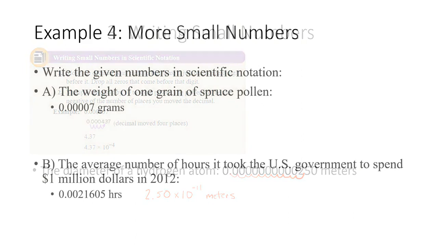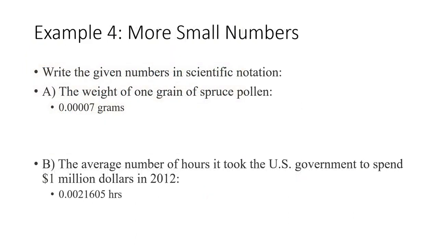If we want to write these numbers in scientific notation, the weight of 1 grain of spruce pollen, here's our decimal point. We're going to move it to the right, 1, 2, 3, 4, 5 places until it's behind the first non-zero digit, 7 times 10 to the minus 5 grams. The average number of hours it took the U.S. government to spend $1 million in 2012.